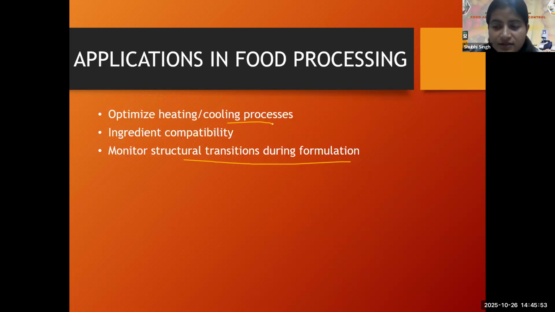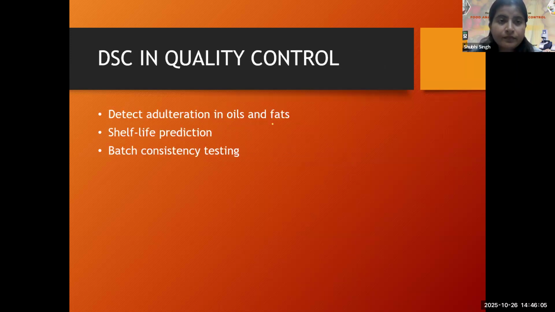So DSC is very helpful for predicting the storage life, shelf life, and the storage conditions of your food formulations. And hence DSC helps in quality control as well. It helps in detection of adulteration in oils and fat, shelf life prediction, and batch consistency testing.